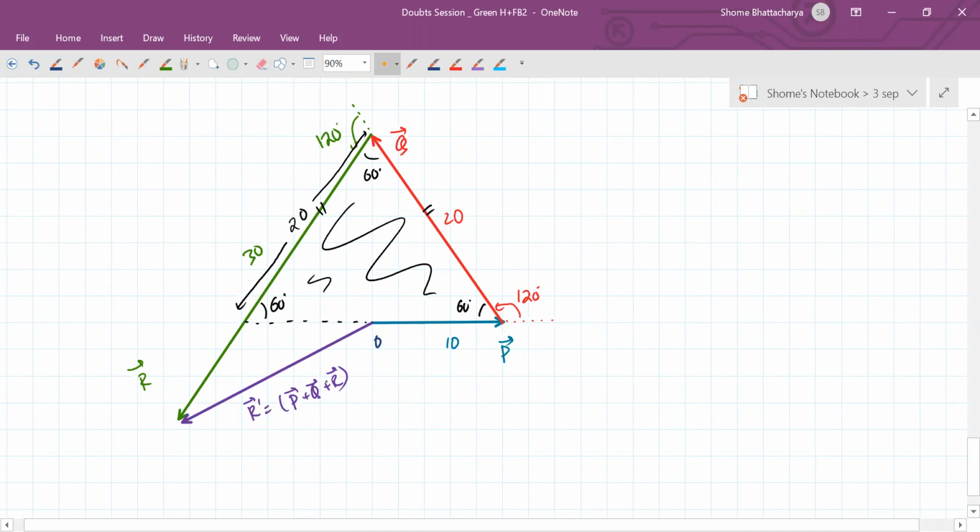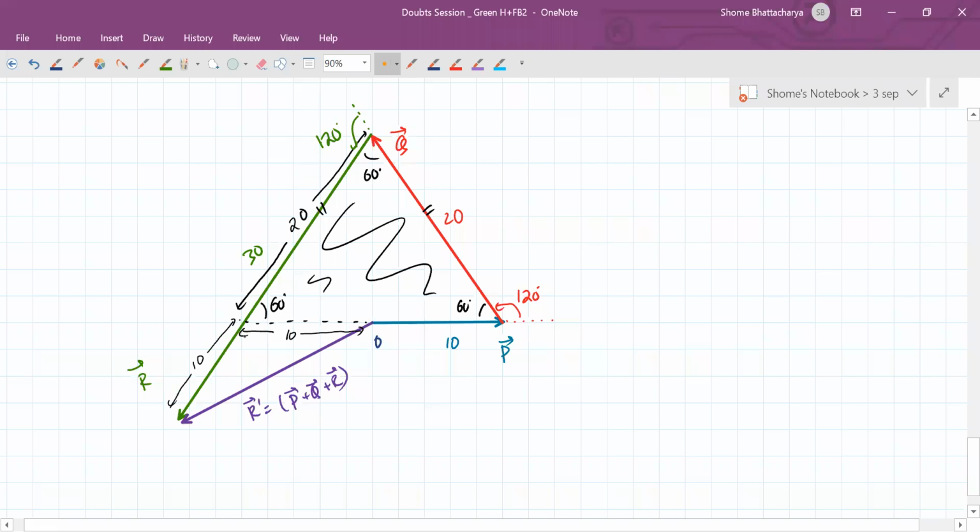Okay. So which means that this will have to be 10. Okay. And also this will have to be 10. Okay. So now this is quite easy to calculate from this.